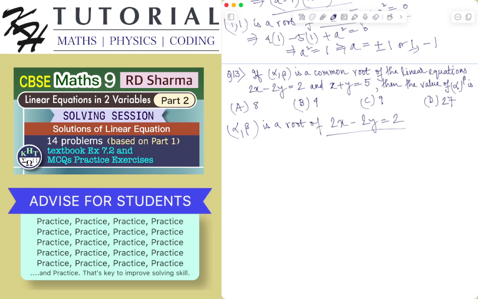So whenever you see a given linear equation like this, you can divide or multiply both the sides by some non-zero constant, and the linear equation will become simpler. You can always do that. So this linear equation is identical to x minus y equals to 1. Okay. So now alpha beta is the root of the equation x minus y equals to 1.